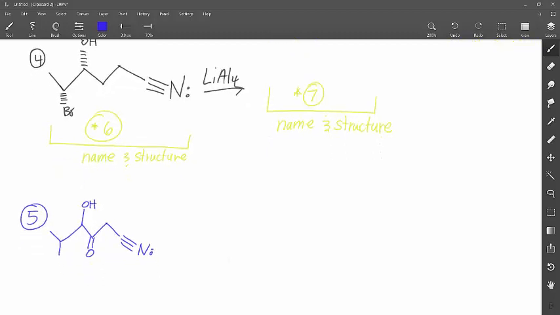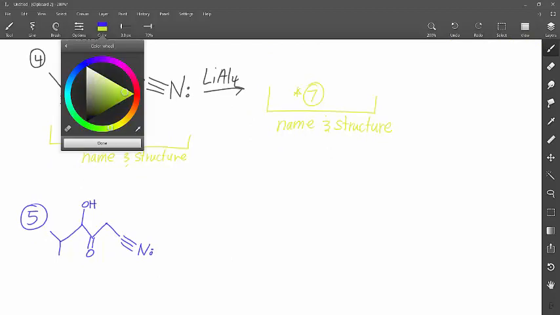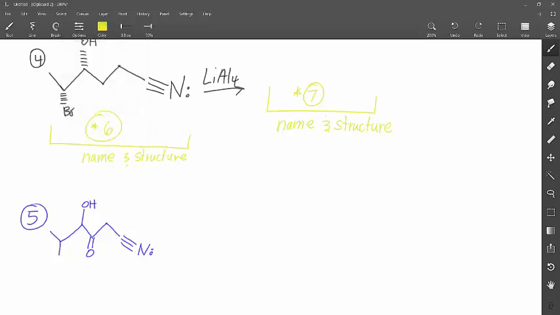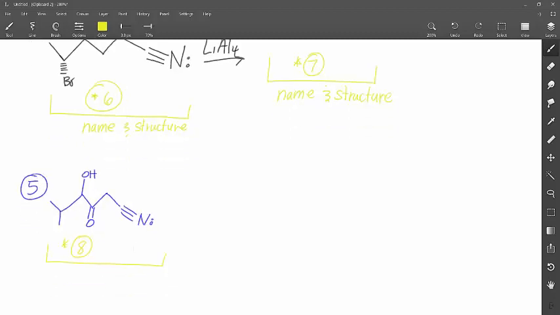Okay, so I want you to name, try to go back in yellow, or some type of yellow with these. So this is star 8, name and structure. Okay.